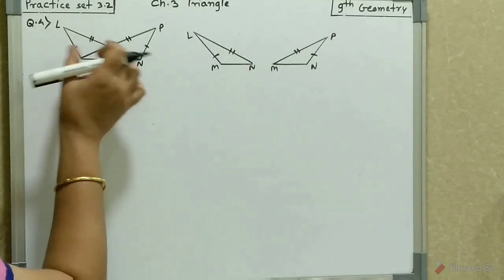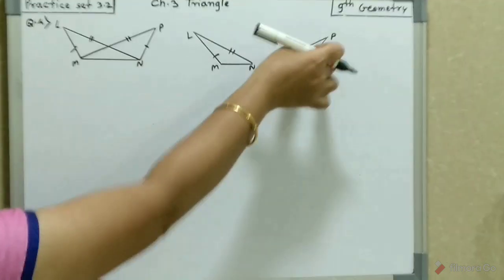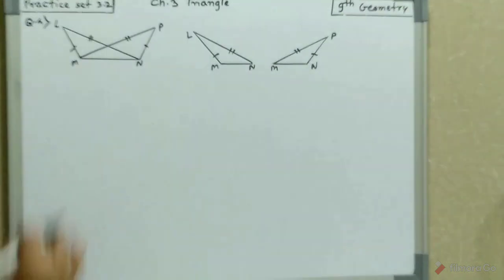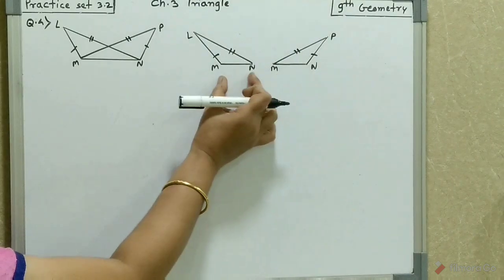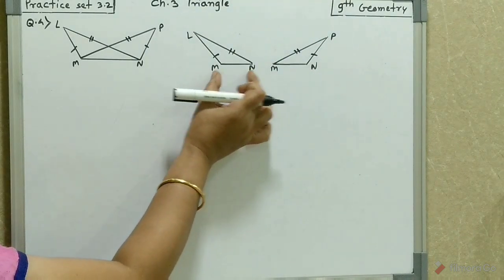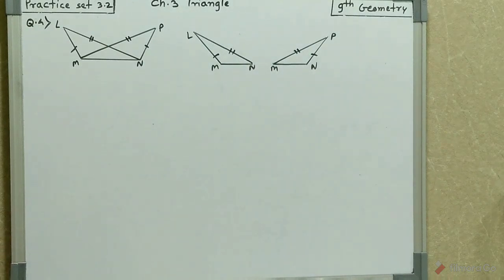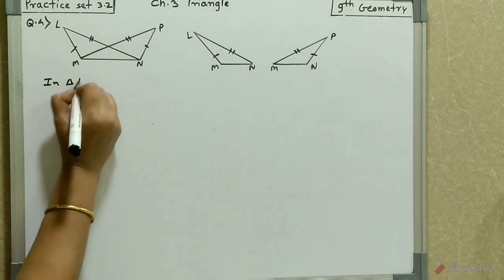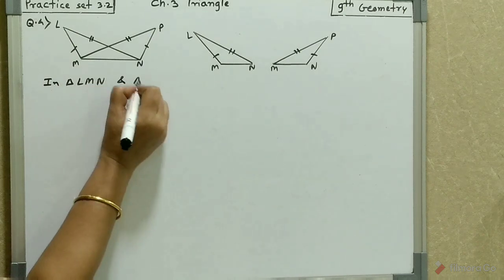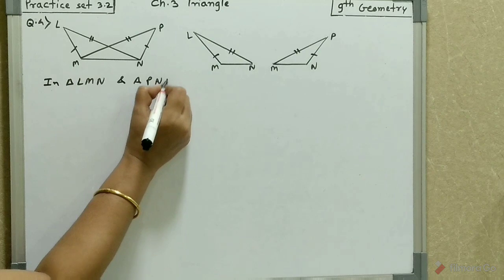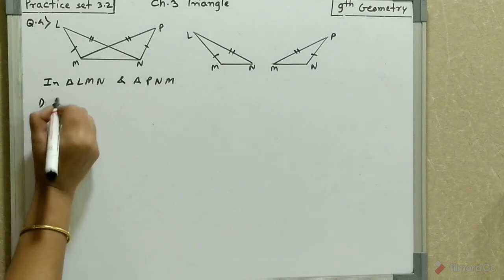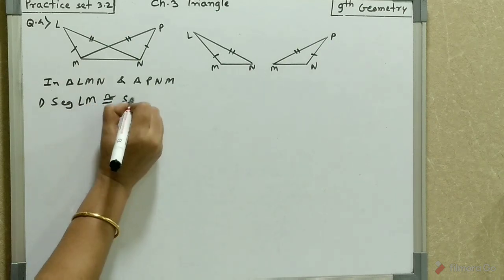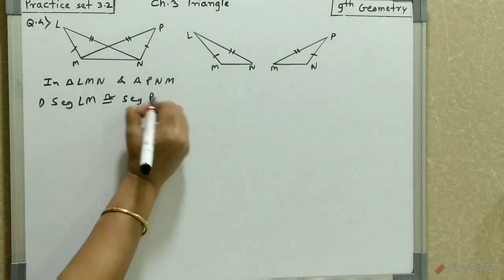I draw this diagram separately, as separate triangles. Here triangle LMN and triangle PNM. See in this diagram, here is MN and MN, so obviously MN equal to MN, that is the common side. So I write in triangle LMN and triangle PNM, first, segment LM congruent to segment PN.